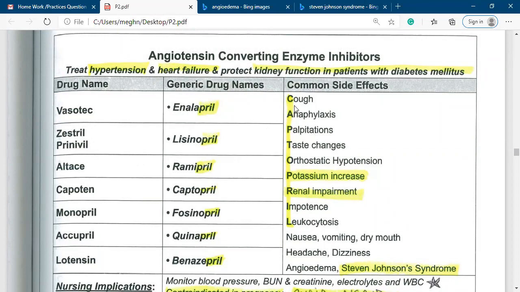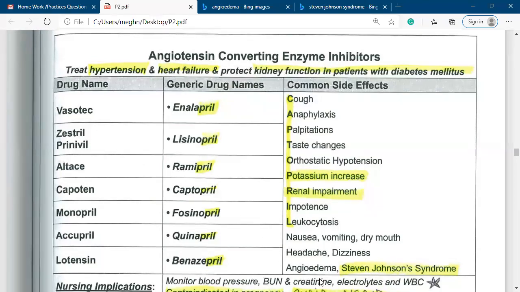Capto: C stands for cough, A stands for anaphylactic reaction, which is a hypersensitivity reaction, and P stands for palpitation, meaning increased heartbeat, and T stands for taste change, O stands for orthostatic hypotension, P stands for potassium increase retention, R stands for renal impairment dysfunction, I stands for impotency, and L stands for leukocytosis, right?